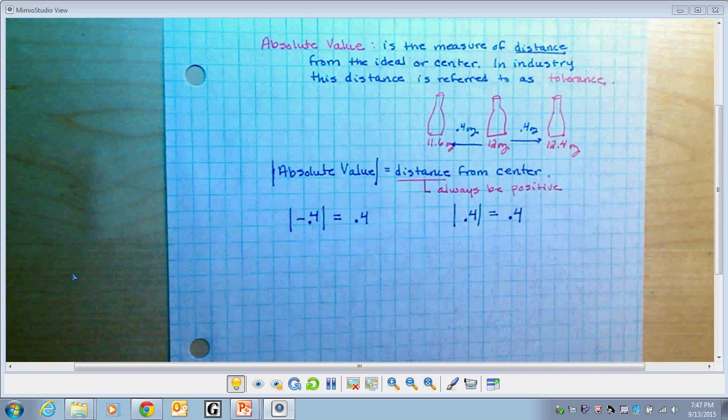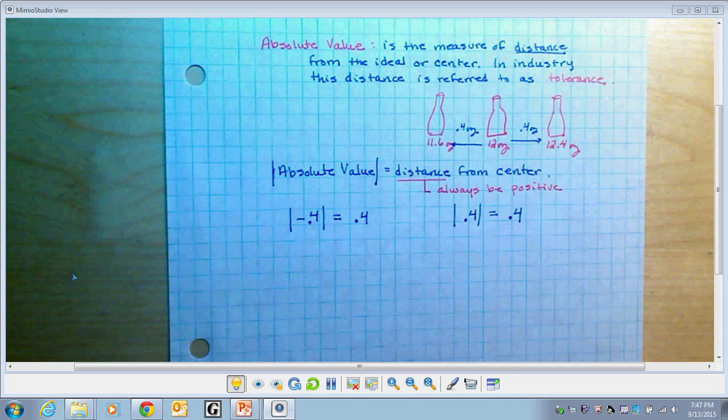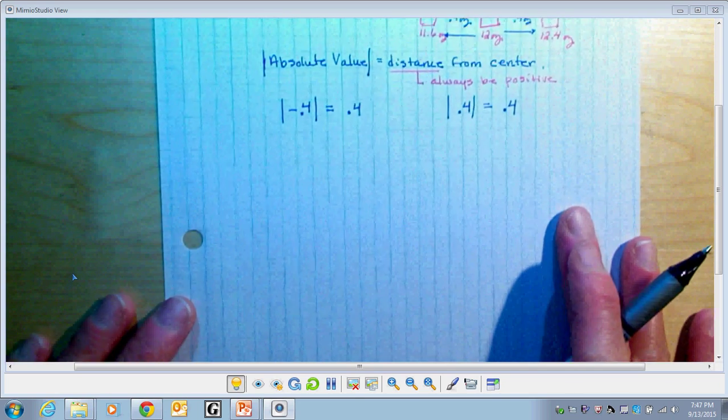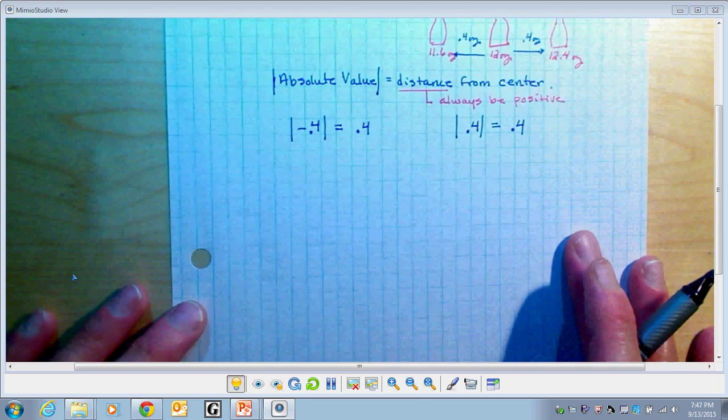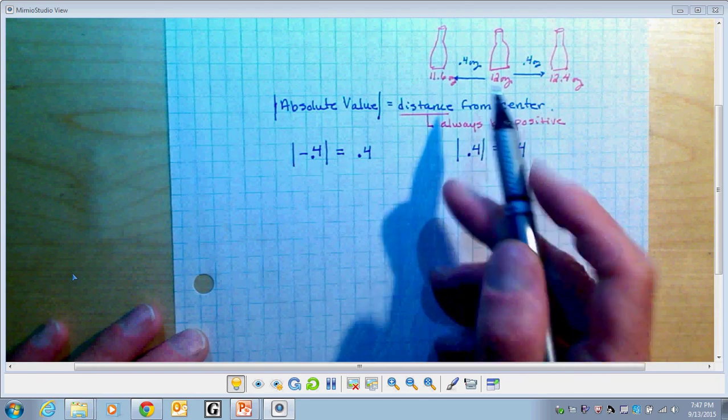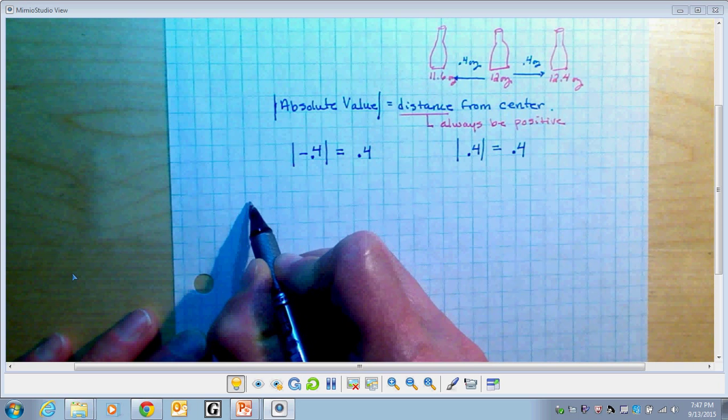So let's look at the example that I set before you. So here's my example. I kind of have it illustrated here a little bit, but we're going to write it out in words. Example.